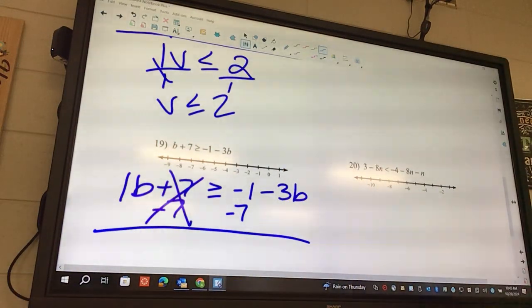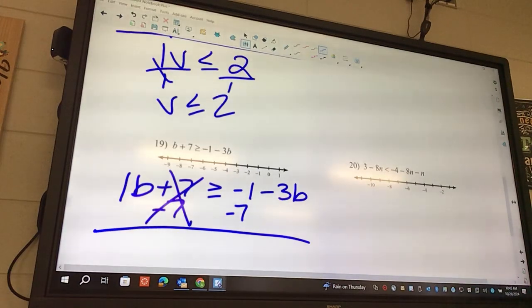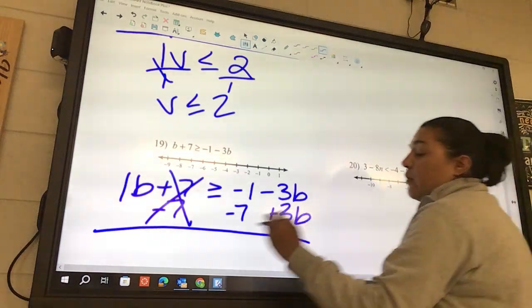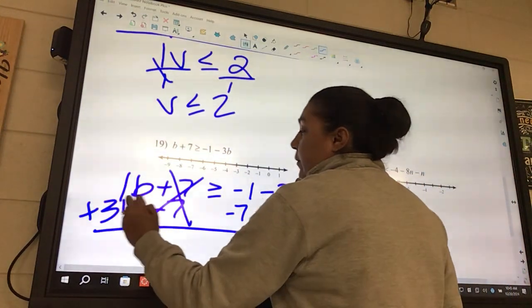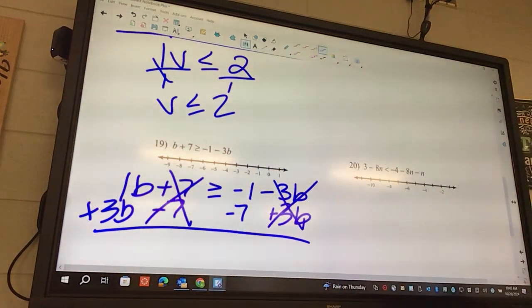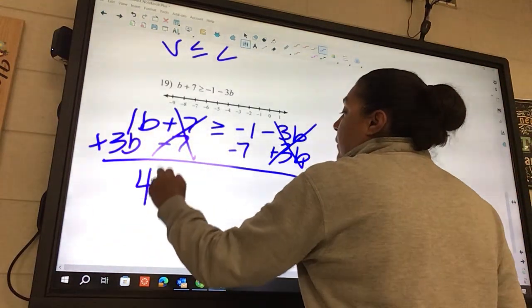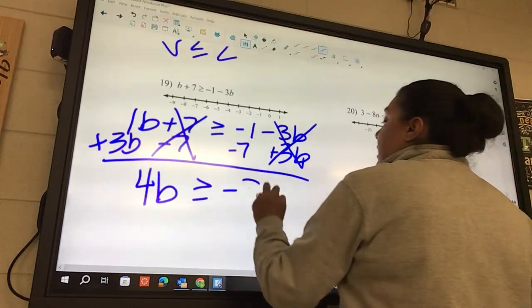Who else can get moved? The 3's gonna get moved, and he's gonna go under the 1b. So we're gonna get 4b and a -8.